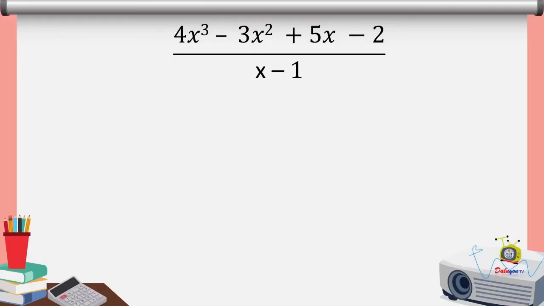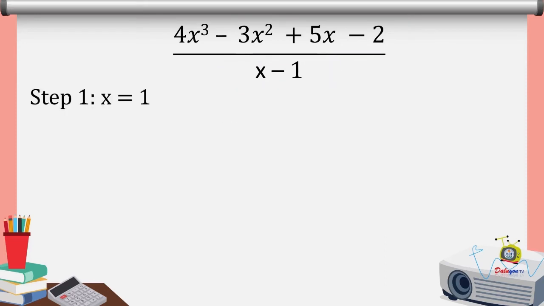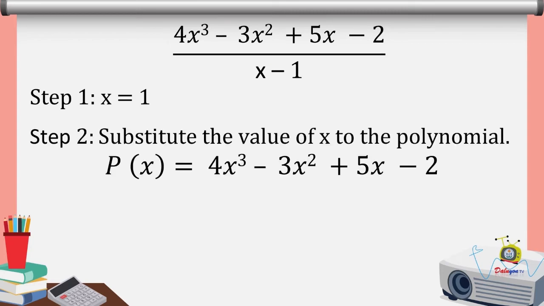First, let's equate our divisor x minus 1 to 0. So x is equal to 1. Then let us substitute 1 to our polynomial. Let us simplify following the GEMDAS rule.